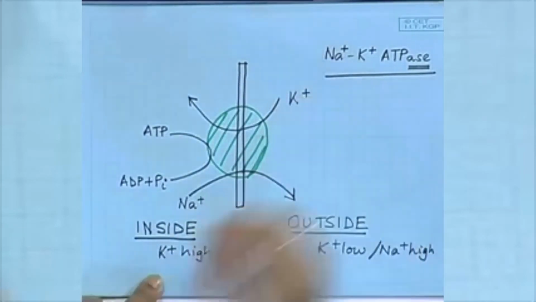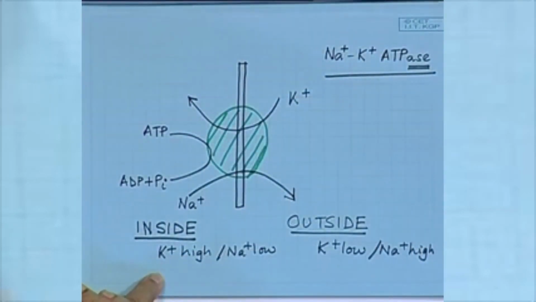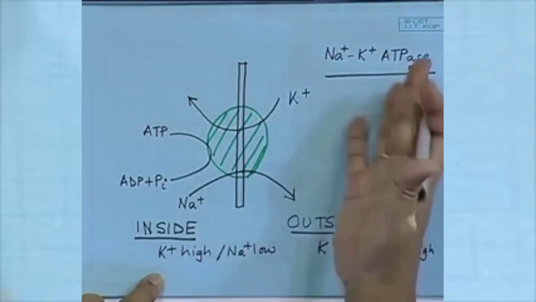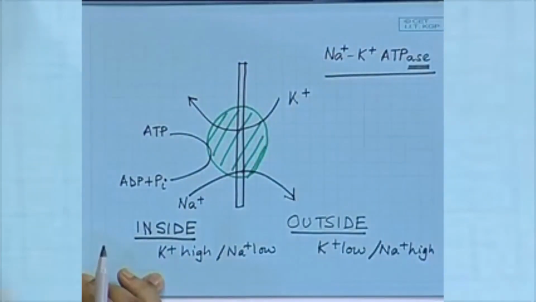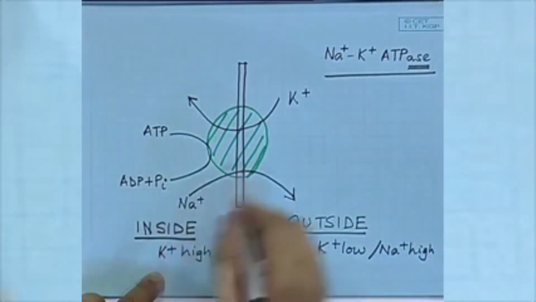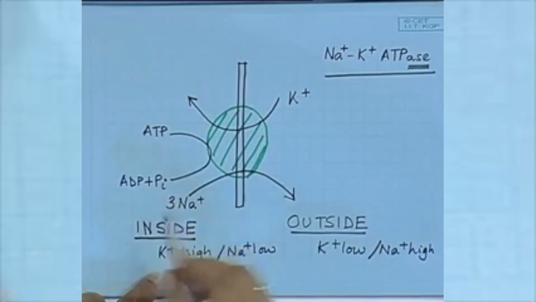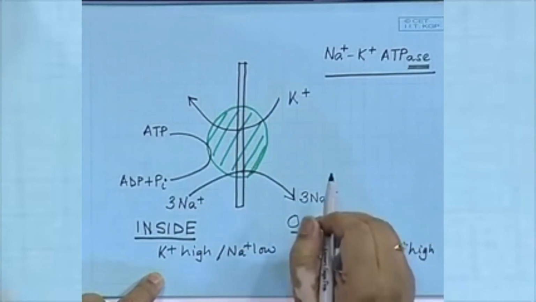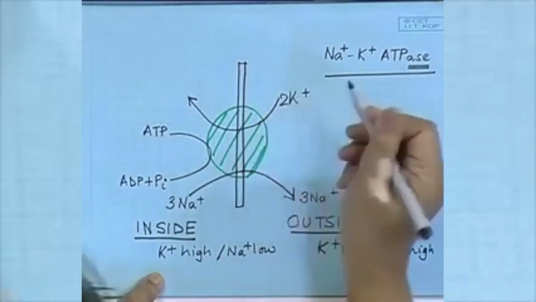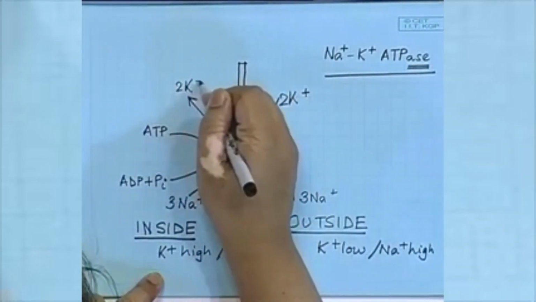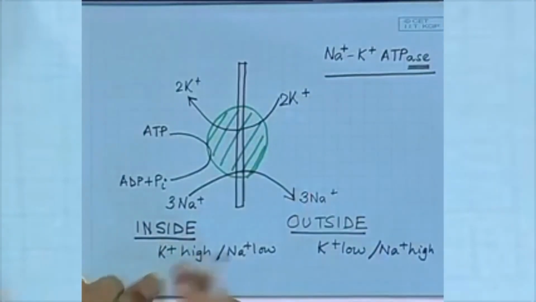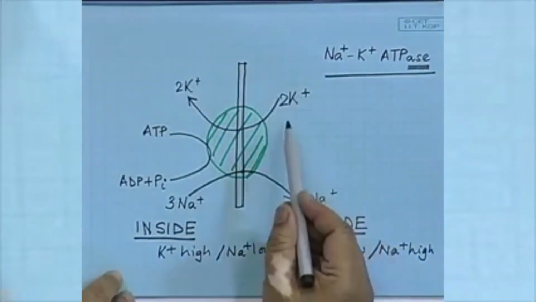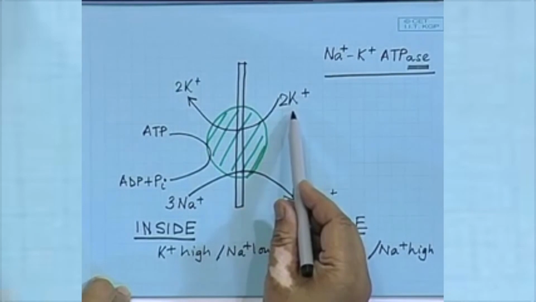Now, the way the carrier protein works is such that it takes out 3 sodium ions and brings in 2 potassium ions for every cycle that it goes through, because it is built in such a manner. You understand that the K plus ions are larger in size.